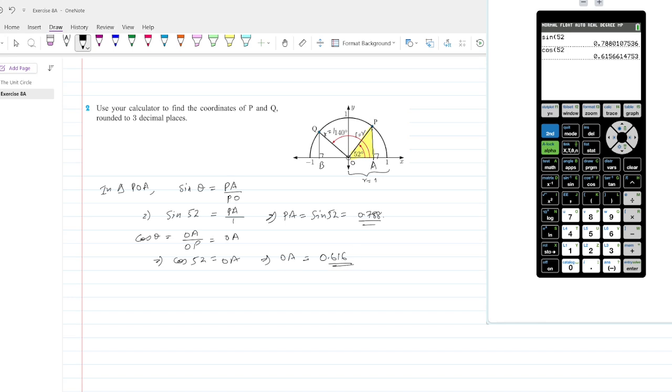Now we have OA equals 0.616. So the coordinates of P is the value of x. So the value of x is OA, which is 0.616, and the value of y. The value of y is AP or PA. So PA is 0.788.